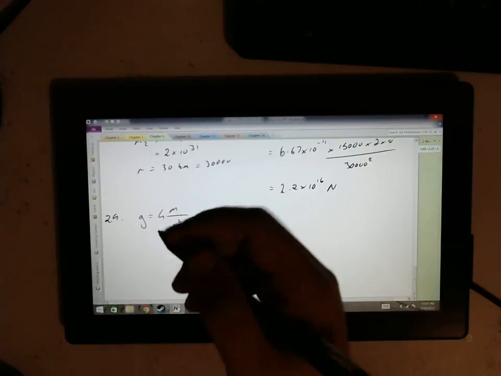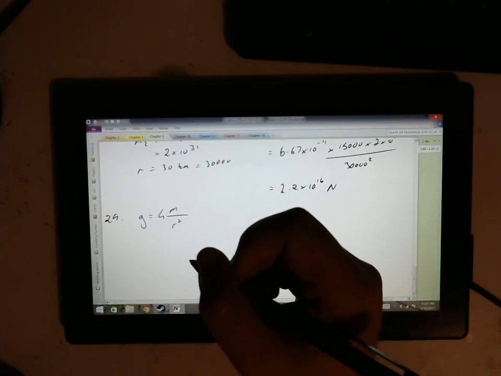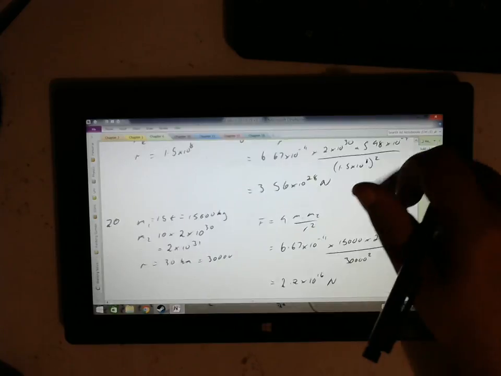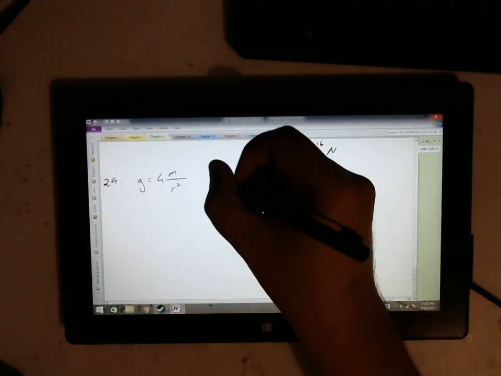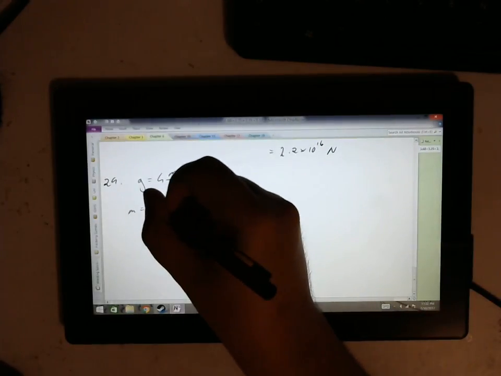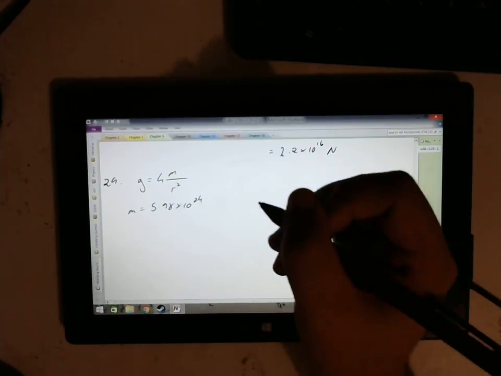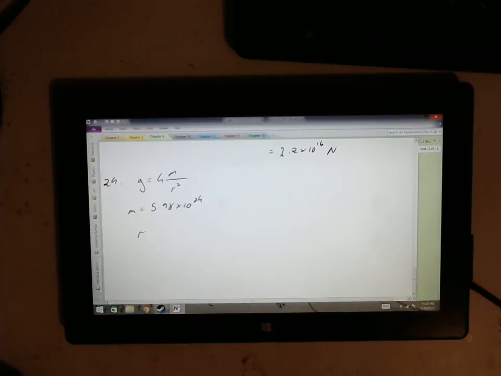The mass of the Earth is equal to 6 times 10 to the power 24. Let's use that better one, sorry, 5.98 times 10 to the 24. So mass equals 5.98 times 10 to the power 24. It's the radius we care about. Now, excuse me, the radius question here says that it's equal to 3 Earth radii.